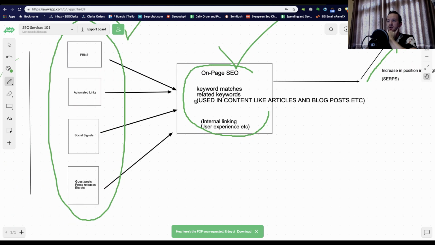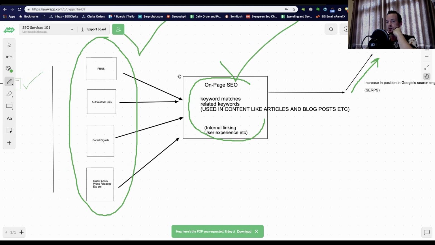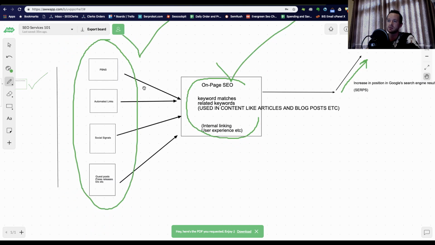So as I said earlier, there are things that help Google determine where a website should be positioned in the search results. Some of the strongest ways that they determine where your website should be in Google is by having links back to your website. If you consider links like votes of confidence from other people, it's kind of like that.